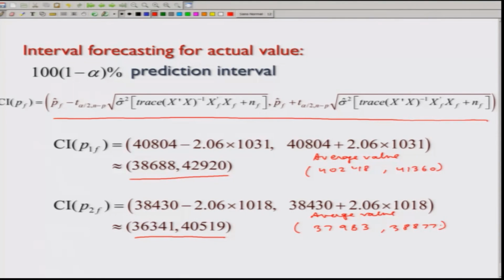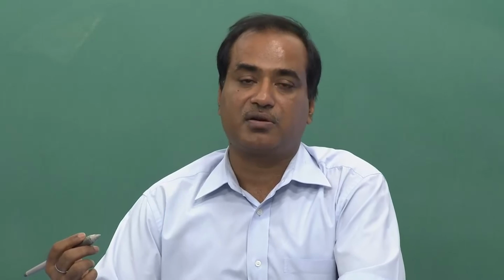So again you see that the prediction intervals for the actual values are wider in comparison to the prediction intervals for the average value. And this again confirms our theoretical finding that whenever we are trying to forecast the actual value, the standard errors are going to be higher and the prediction intervals are going to be wider.